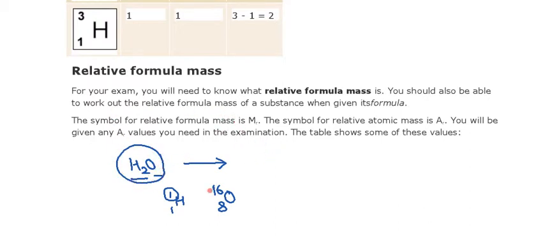There are 2 atoms of hydrogen, so we put 2 here and multiply by the atomic mass of hydrogen, plus 1 atom of oxygen multiplied by the atomic mass of oxygen. The overall value is 2 plus 16, and the total comes to 18.